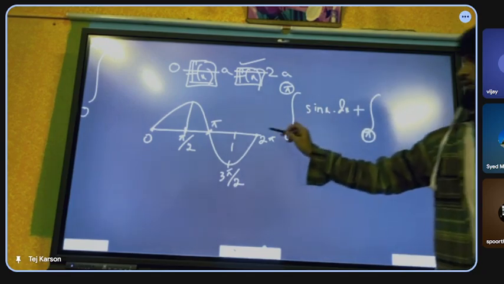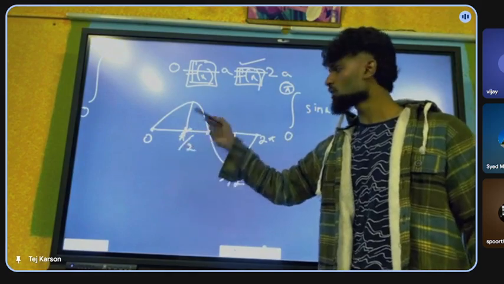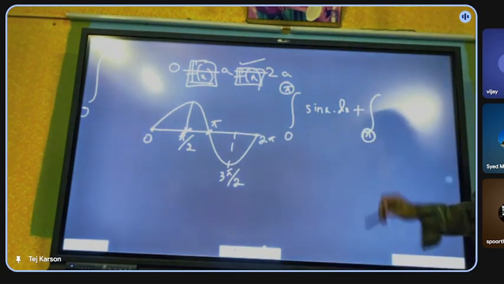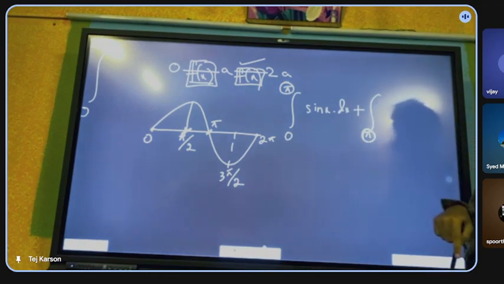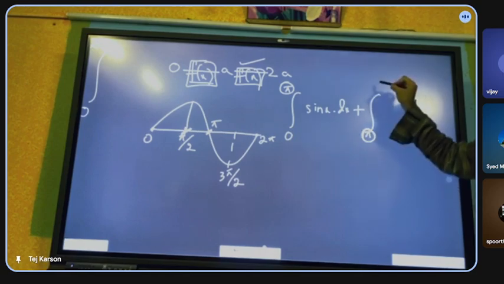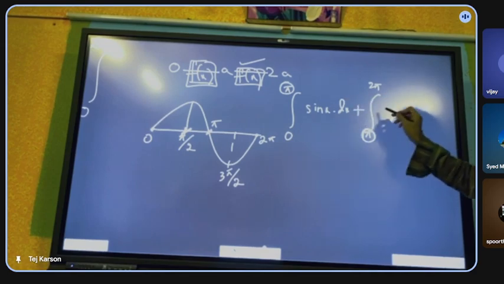There is absolutely no problem to me if you stop at pi by 2 and start off from pi by 2 and then go to 2 pi. I'm completely fine. But it won't match the upper limit and the lower limit. It has to match. Now you're starting a journey again at pi, going to 2 pi. Who is traveling? The same function is traveling.